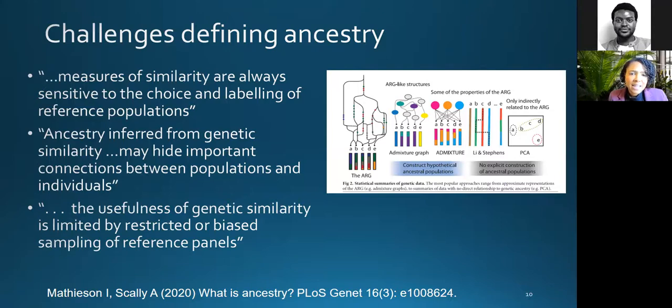So this gets at what do we mean when we use the term ancestry in our publications? What are we communicating to the public, to readers, and of course to people in different fields, people like me who have backgrounds that are not necessarily genetic backgrounds.